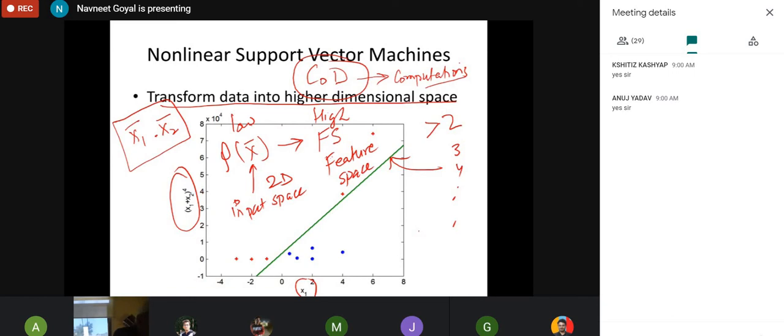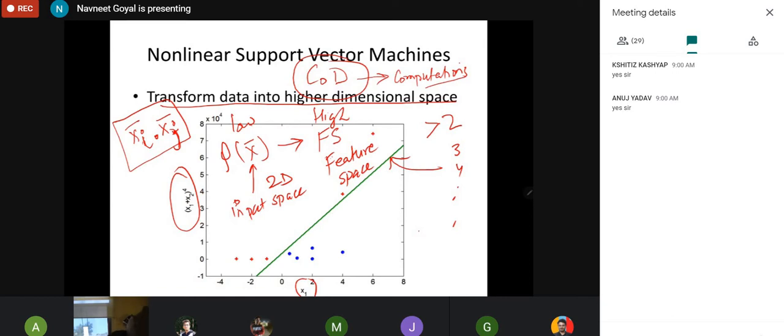I'll talk about the Lagrangian formulation of the problem. I'll start with the linear one and then move to nonlinear. One of the requirements is that you have to find x1 dot x2 for all pairs. So I'll write it as xi dot xj, for all pairs of i and j.